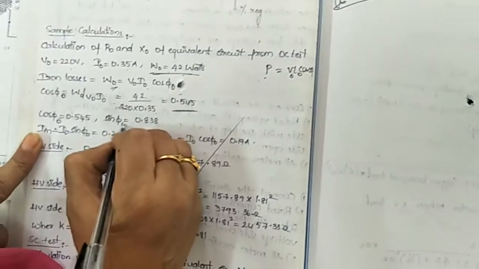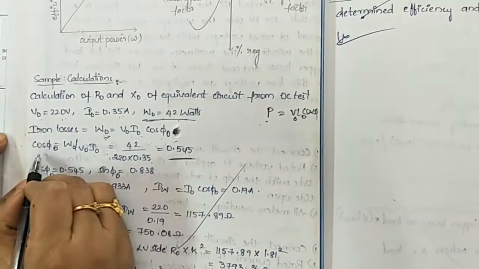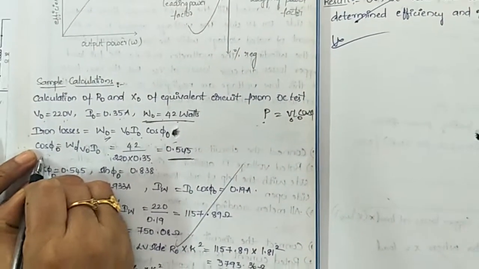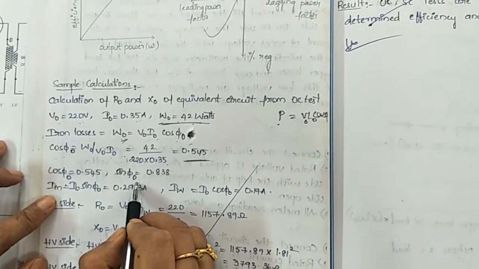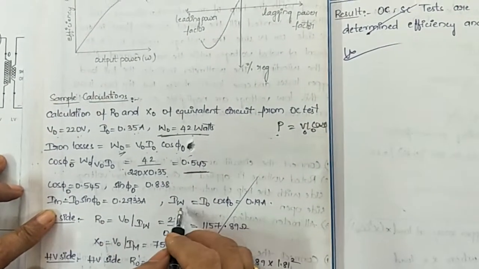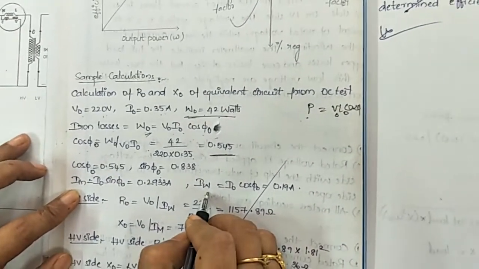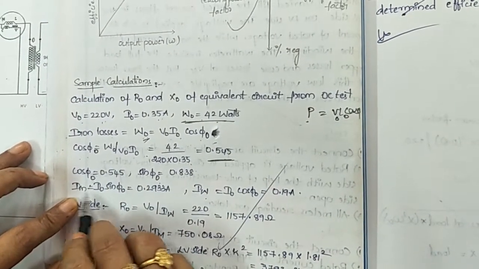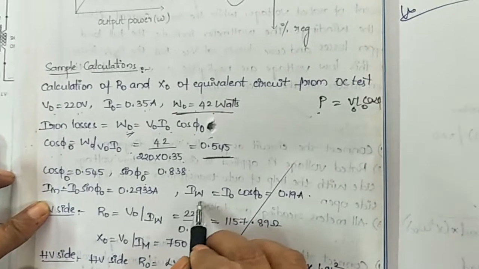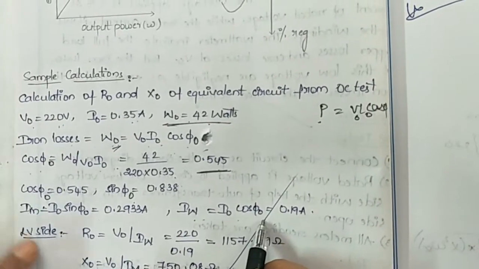Cos psi naught here represents the no load power factor. Once you obtain cos psi naught, sin psi naught can be calculated. Then the magnetizing current as well as the active working component of the current can be calculated: Im equals I naught sin psi naught, Iw equals I naught cos psi naught.